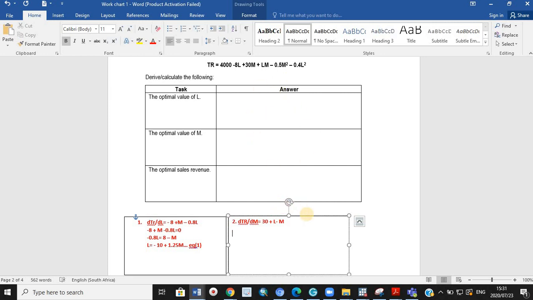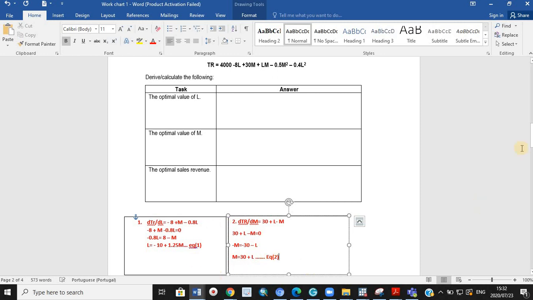Again, this partial should be equal to 0. 30 plus L minus M should be equal to 0. All right. Solving for M, we will say minus M should be equal to minus 30 minus L. Right? This is just going to be equal to 30 plus L. Okay. This is our equation 2.